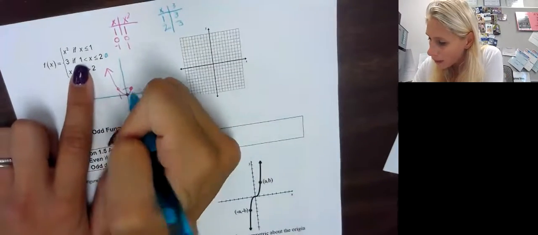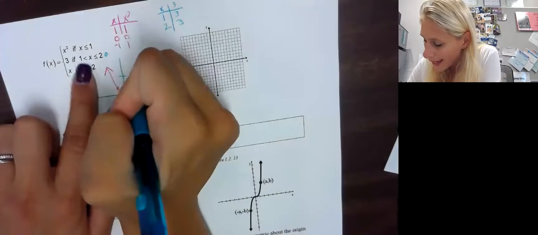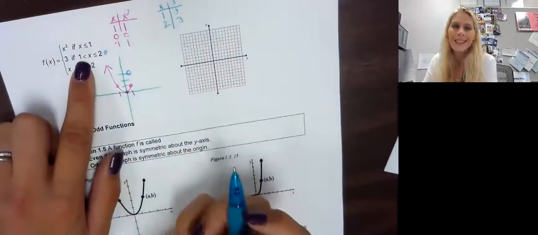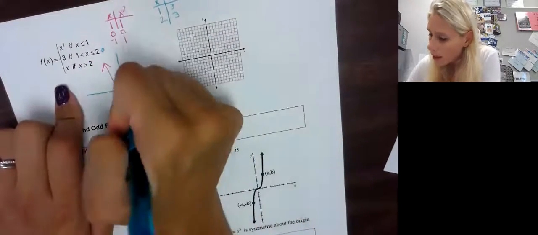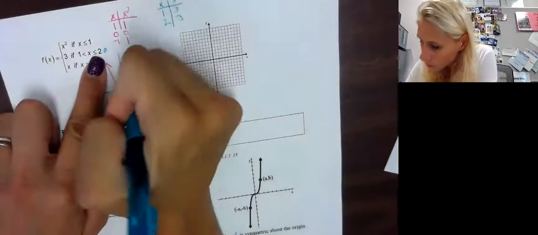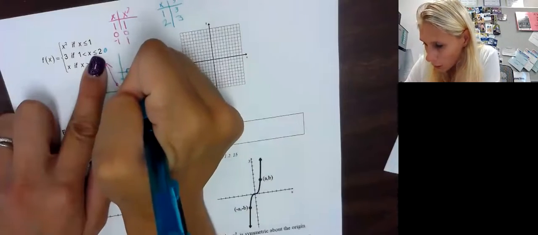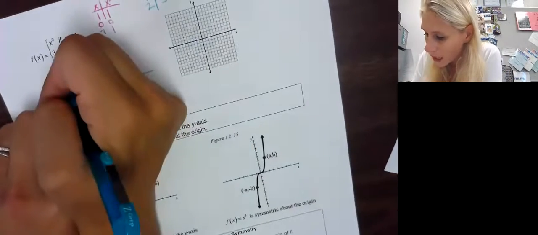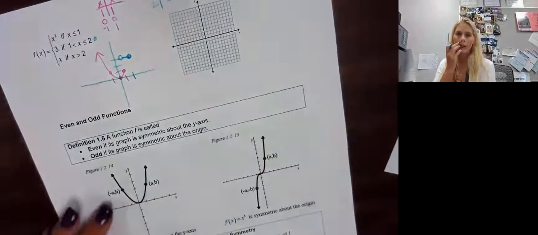So at 1, it's 3, and it's open because it's not equal to. And then I'm going to 2, and at 2, it's also 3, and it's closed. And I know that that was a constant function, so it's just a horizontal line.